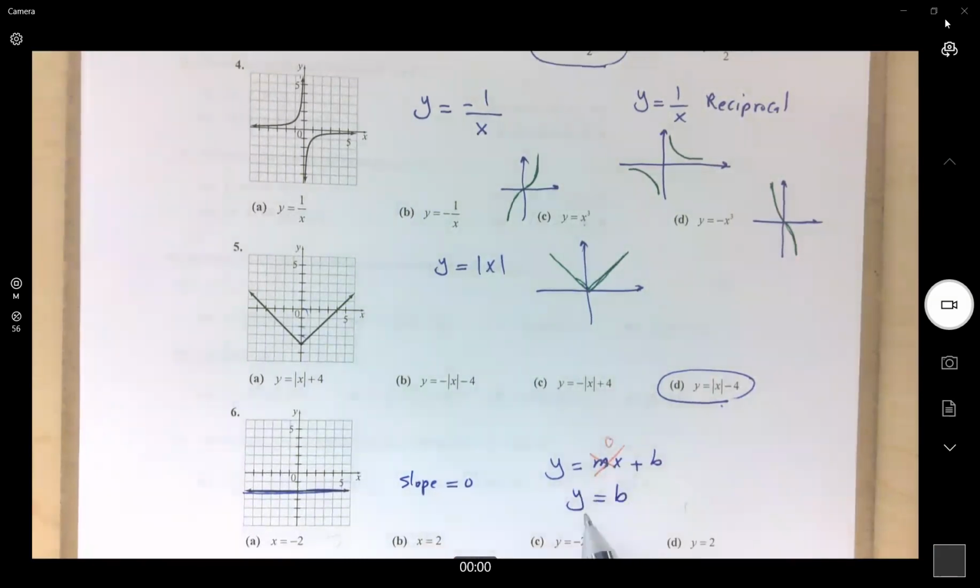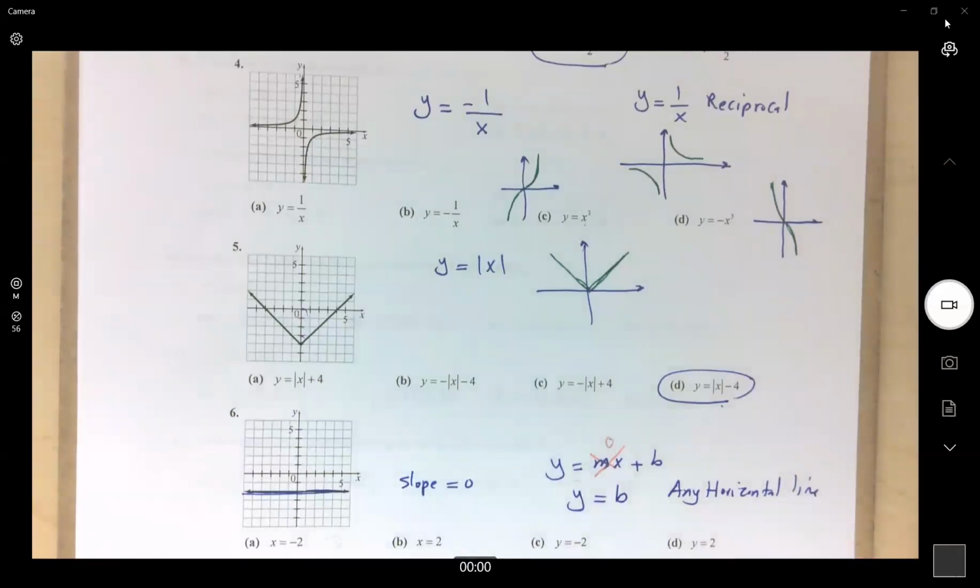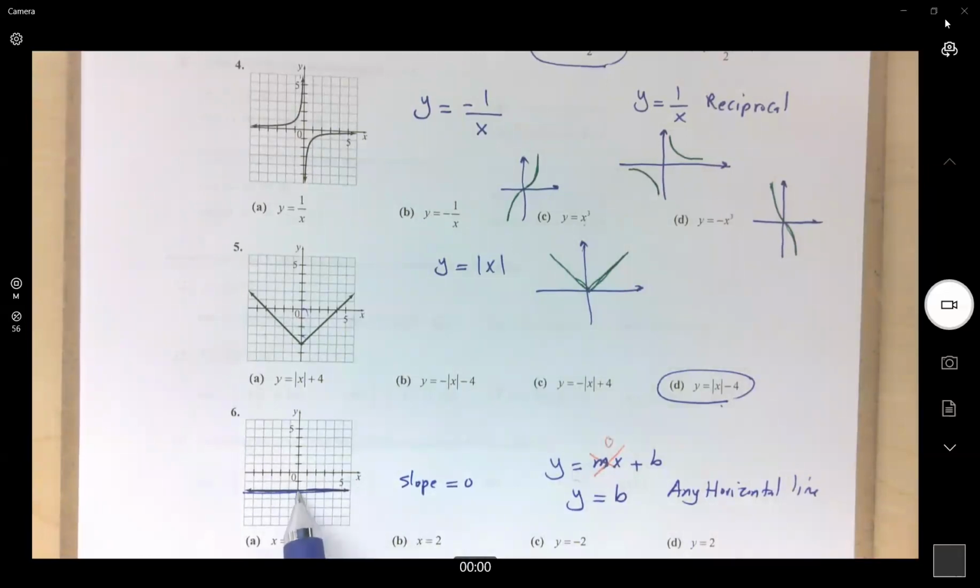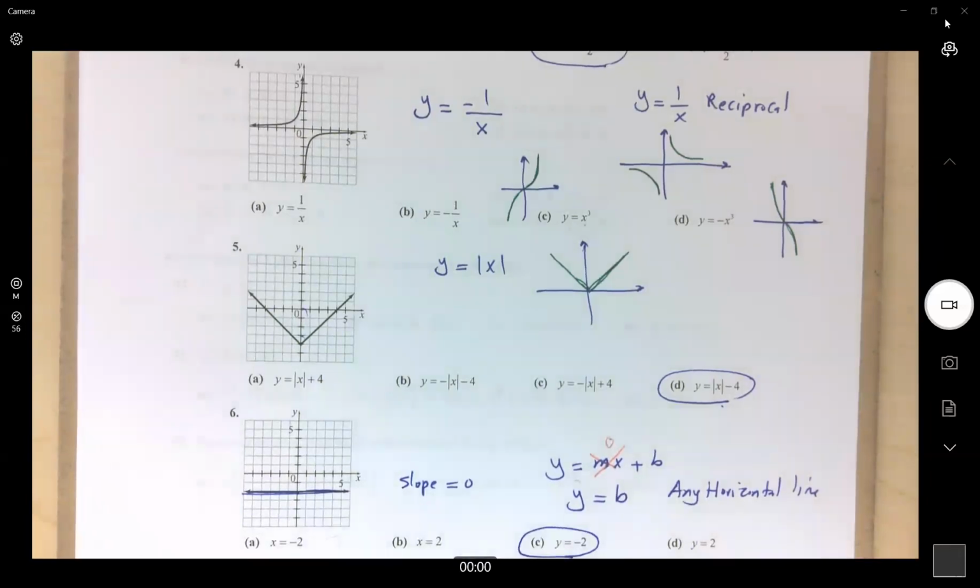The equation of any horizontal line is represented by y equals a number. Any horizontal line, y equals a number. You get a horizontal line, a flat line. In this case, here your y is -2, so y is equal to -2 is the answer for this question.